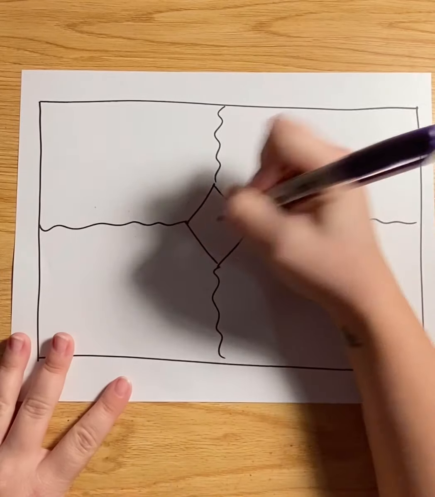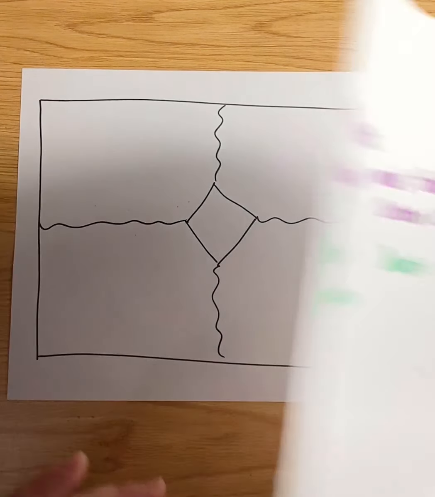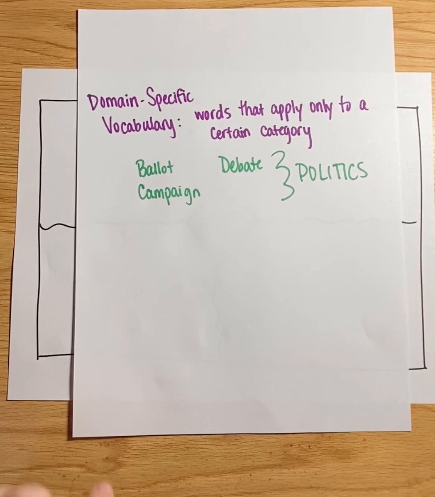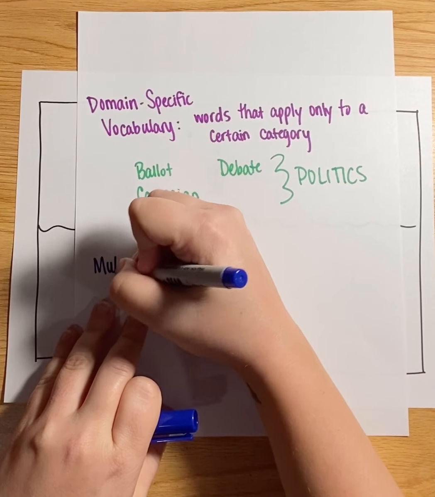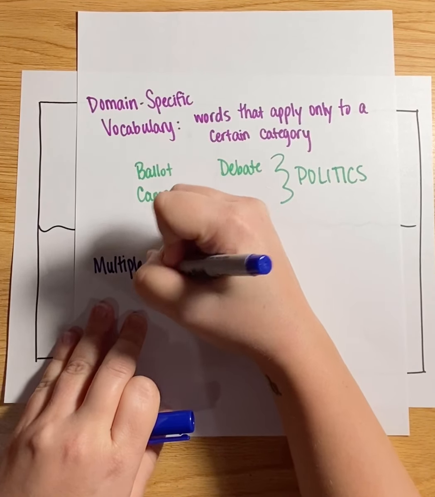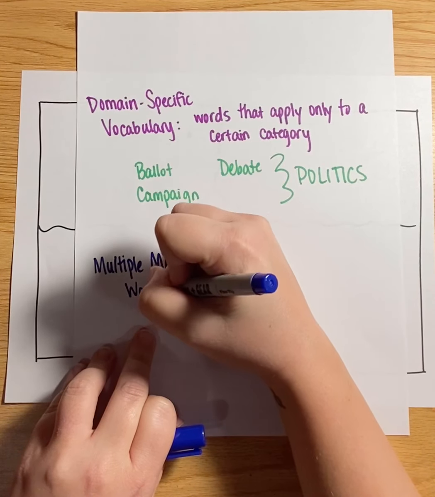So what you do is in the middle, you put the word that you're talking about. One more thing that I wanted to tell you guys about is that sometimes we have words that have more than one meaning, and so those are called multiple meaning words. I know, super confusing. Just kidding. Multiple meaning words.